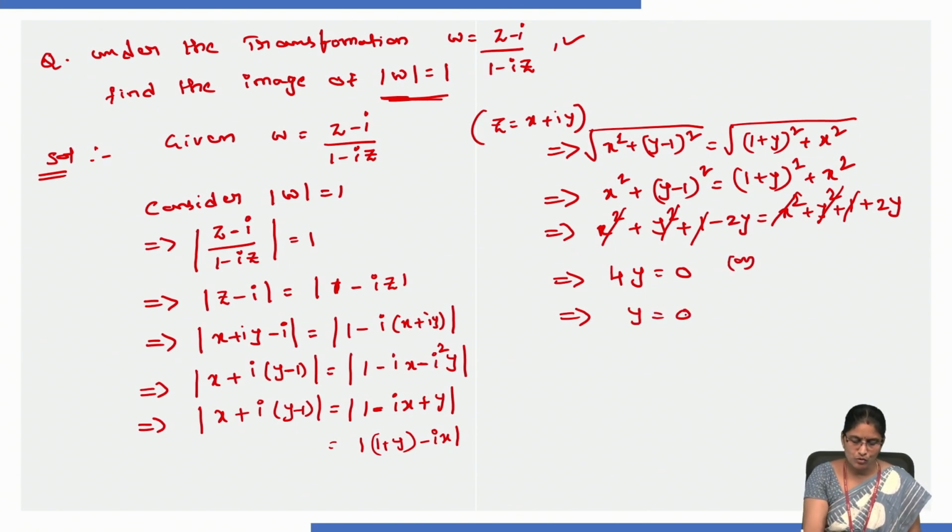So y is equal to 0, which represents the real axis in the z plane. So finally we get the image of mod w is equal to 1 under the transformation w is equal to (z minus i) by (1 minus iz).